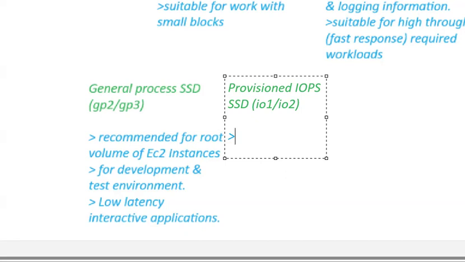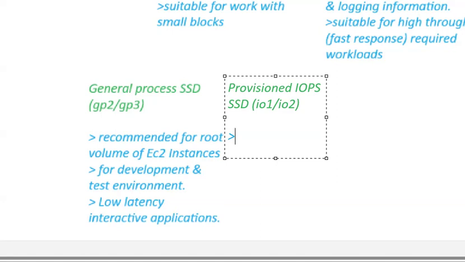So when do I use this provisioned IOPS? If I am expecting my performance in terms of IOPS, then I use this provisioned IOPS. While configuring this provisioned IOPS also, you need to tell how many IOPS you require. IOPS stands for input outputs per second. How many input outputs you require, you need to provide here.